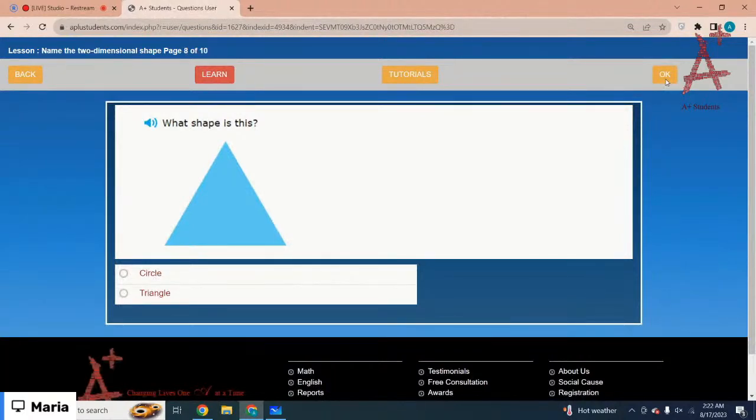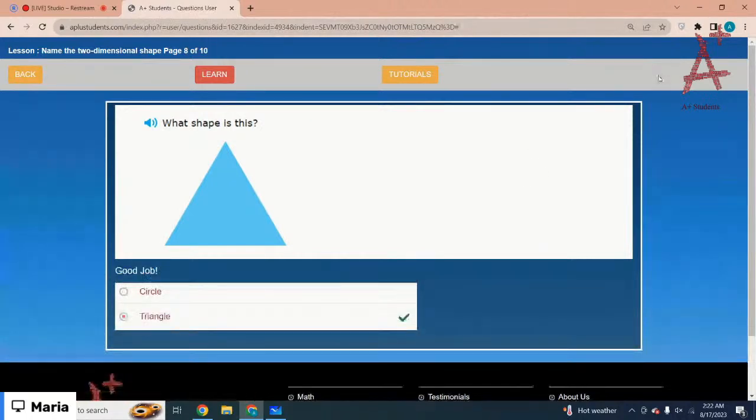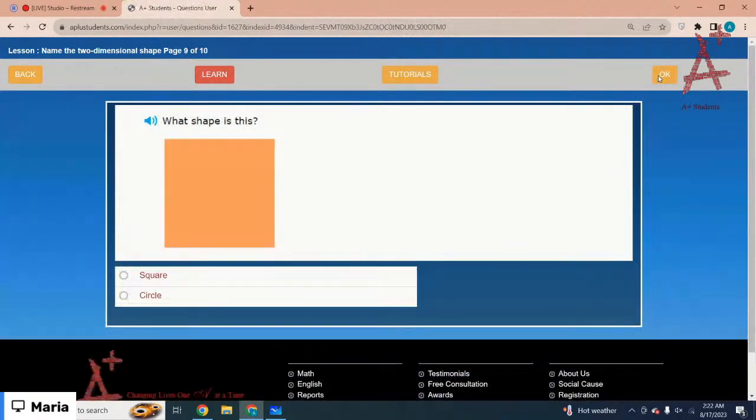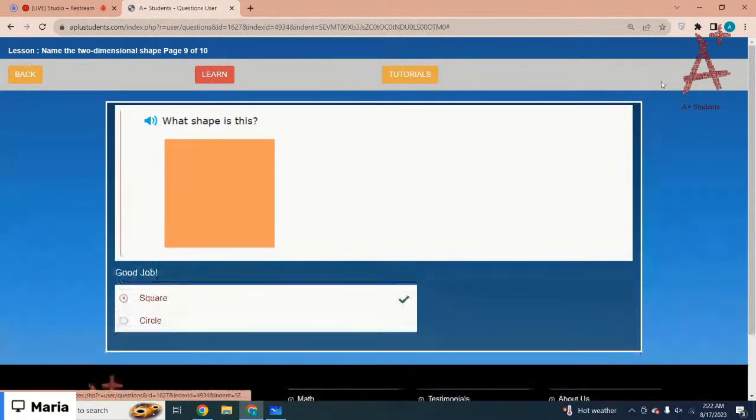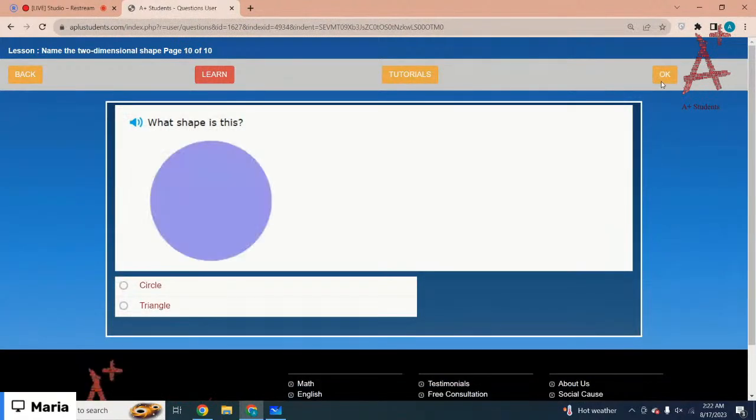Triangle. The shape is a triangle. What shape is this? Square, circle. The correct option is square. What shape is this? Circle, triangle. The shape is a circle.